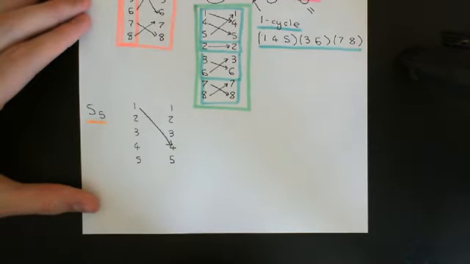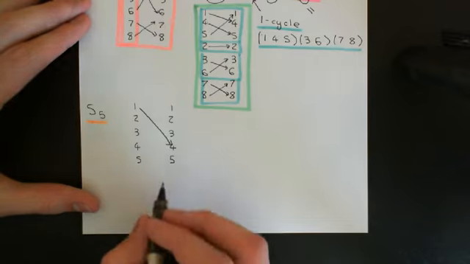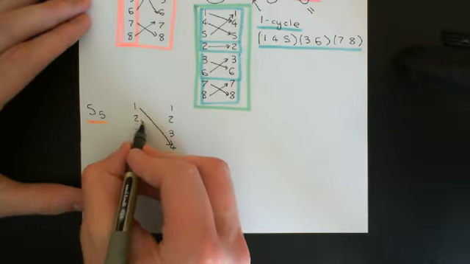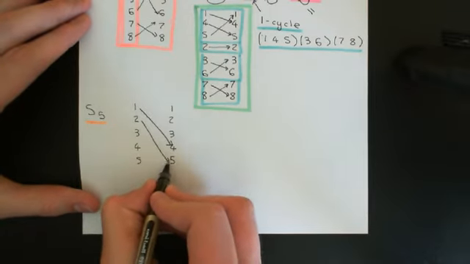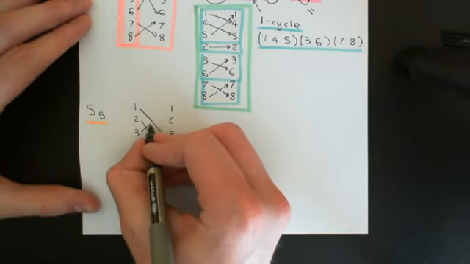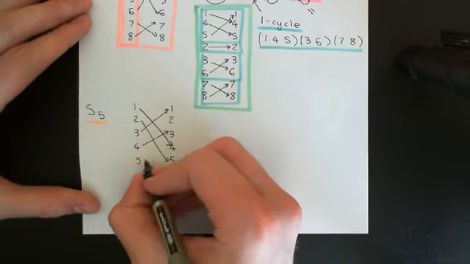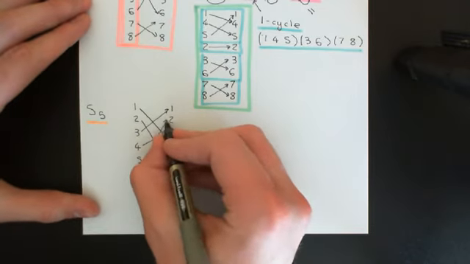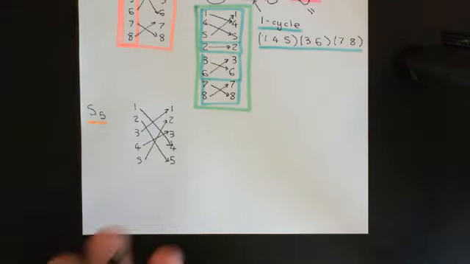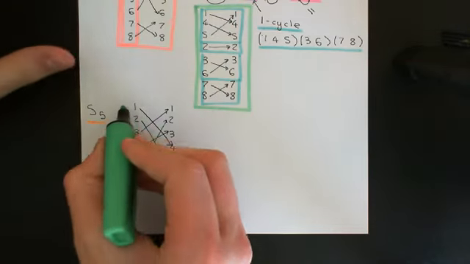So let's say we'll send 1 to 4, we'll send 2 to 5, let's send 3 to 1, let's send 4 to 3, and let's send 5 to 2. Okay, so again we've got a total mess there. It looks horrendously complicated.